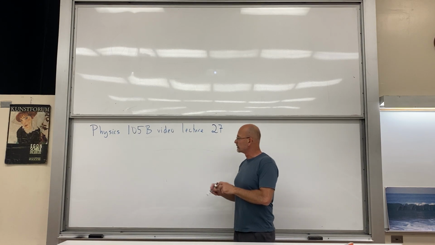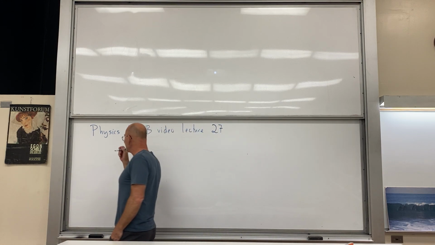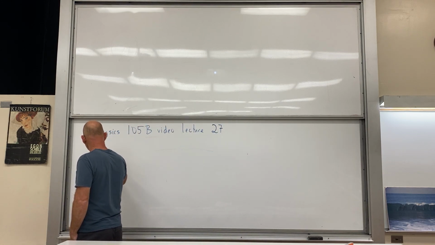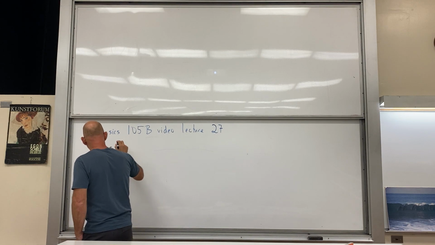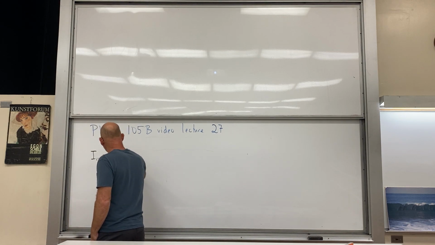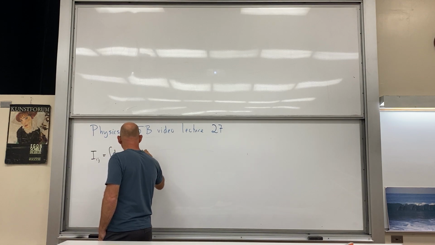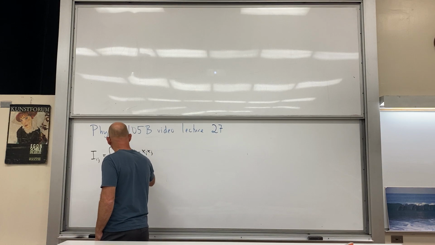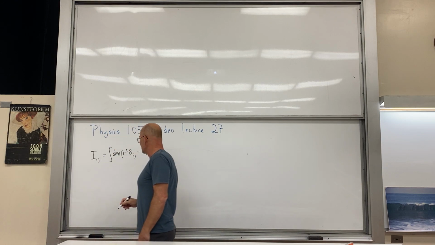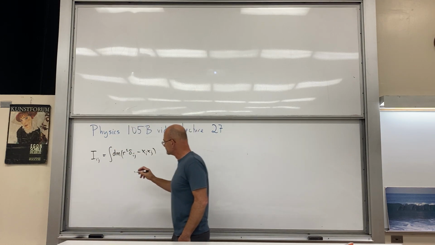So I'll just recapitulate some of our ingredients here. We know that we have the inertial tensor, the integral of dm times r squared delta ij minus xi xj over the body.